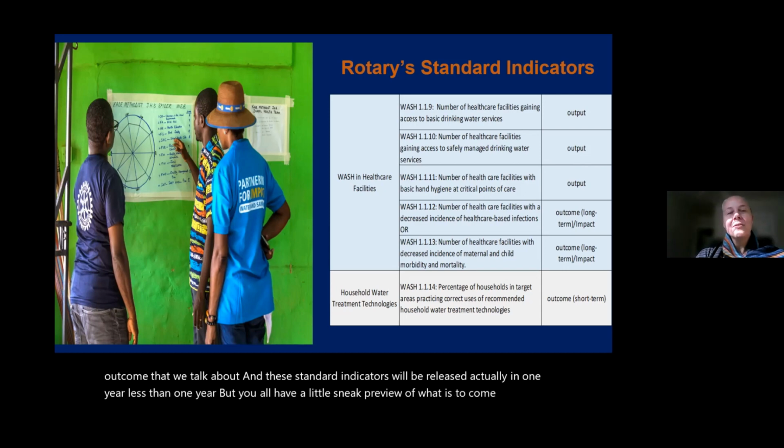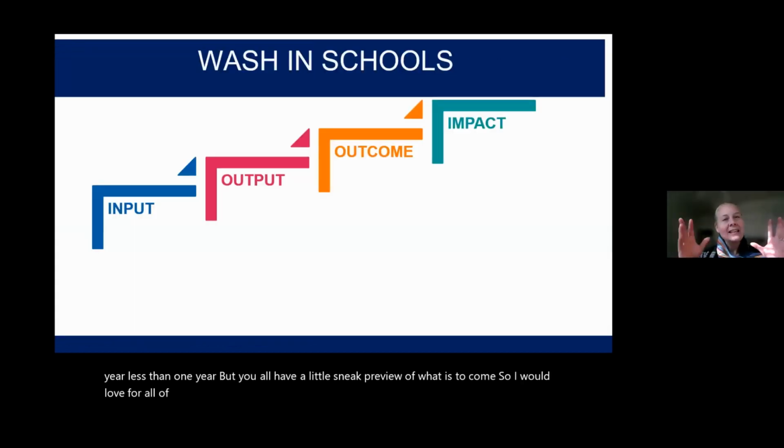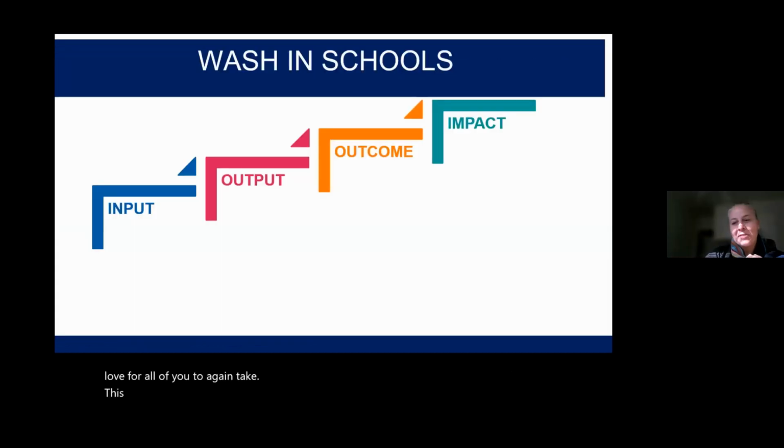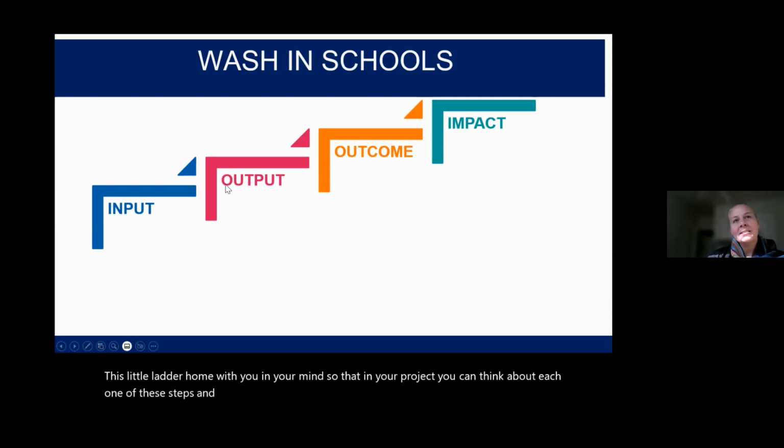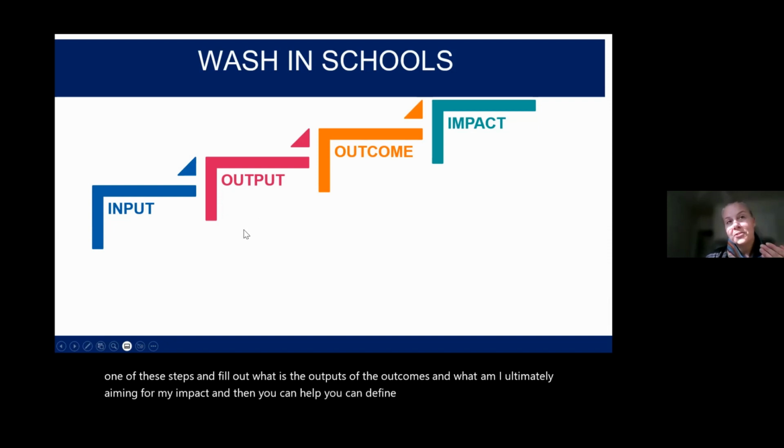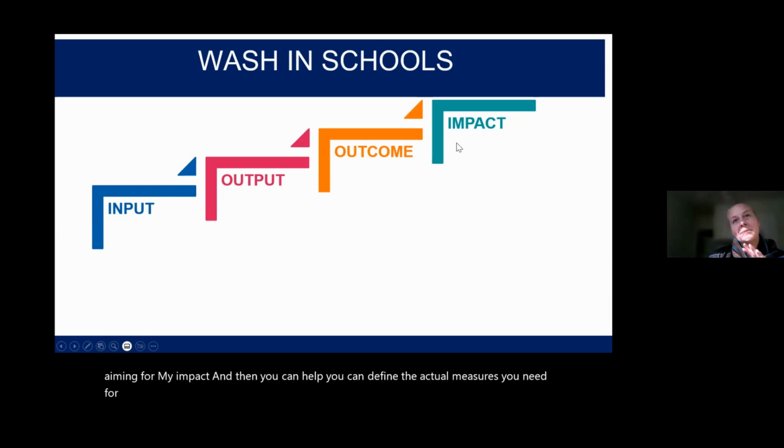So I would love for all of you to, again, take this little ladder home with you in your mind, so that in your project, you can think about each one of these steps and fill out what is the outputs or the outcomes, and what am I ultimately aiming for my impact. And then you can define the actual measures you need for each one of these steps in the ladder.